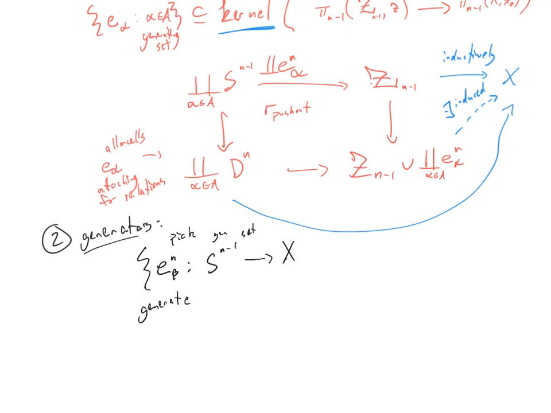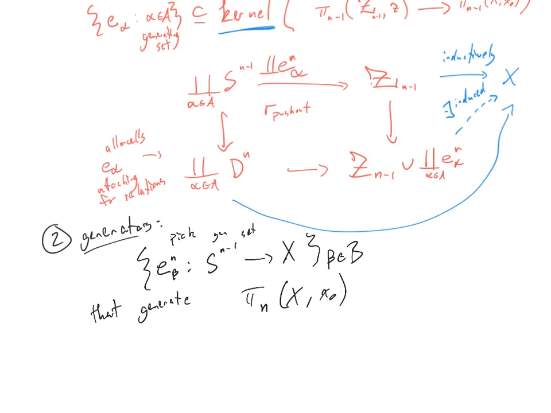These generate, so we have all of these, and this is indexed over beta in some big set B, which generate pi n of X relative to its base point, right? And we also just want to attach these.